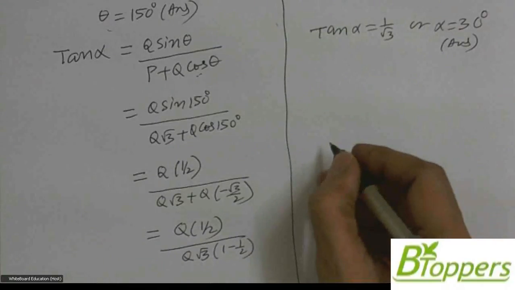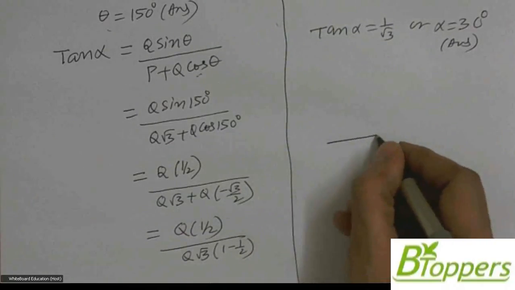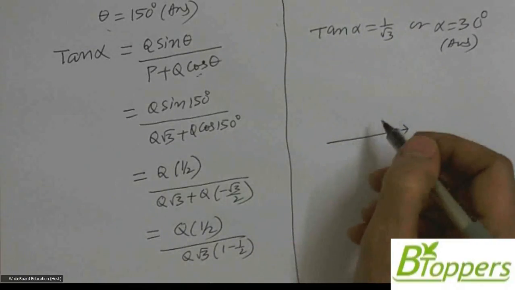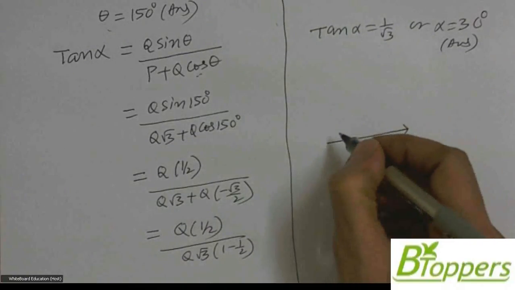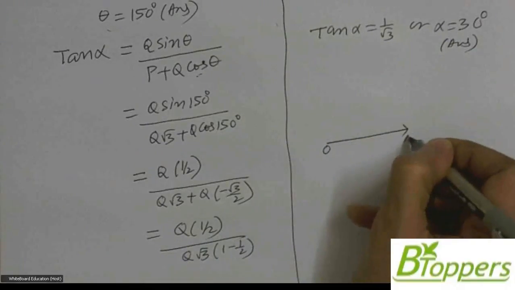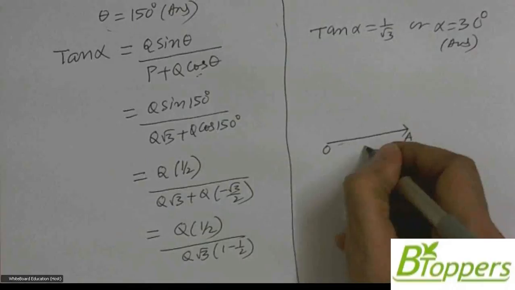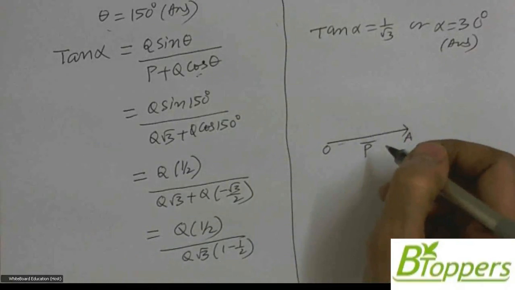Here the two vectors P bar and Q bar can be graphically represented by the adjacent sides of the parallelogram. The directed line segment OA bar represents the vector P bar.